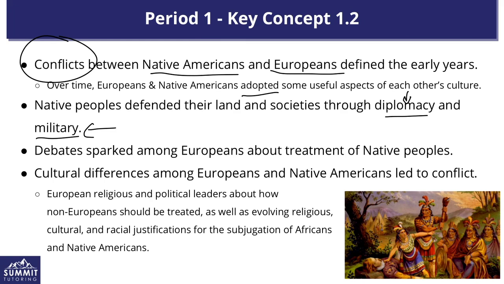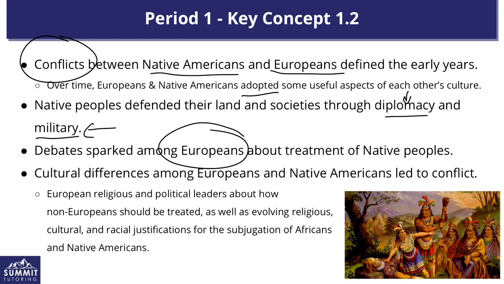And debates were sparked among Europeans internally, right, about the treatment of these people. So Europeans themselves were like, are we doing the right thing here? Are we treating these people in a fair way? Are we doing something wrong here? They were really trying to figure out what they were doing wrong.